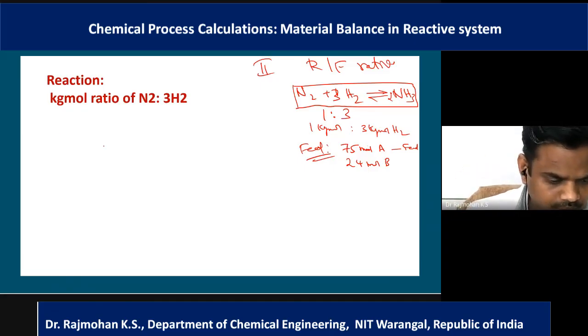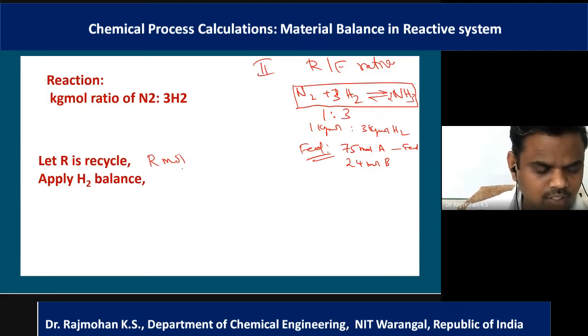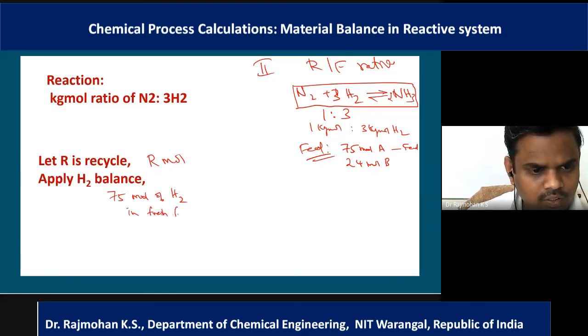But you can assume the recycle ratio. Let R be the recycle ratio. Let R moles be the recycle. If you apply the hydrogen balance, what is the hydrogen balance? 75 moles of A is present in the feed, so 75 moles of hydrogen in fresh feed.